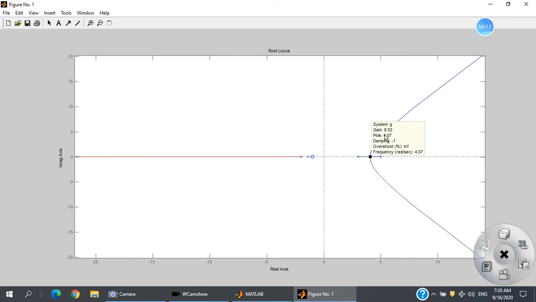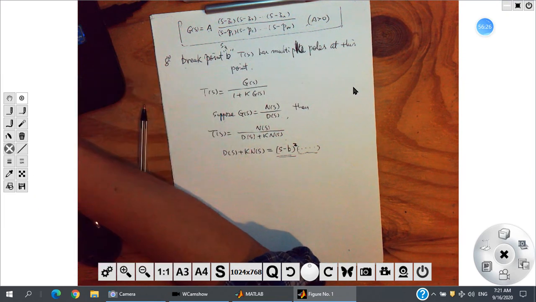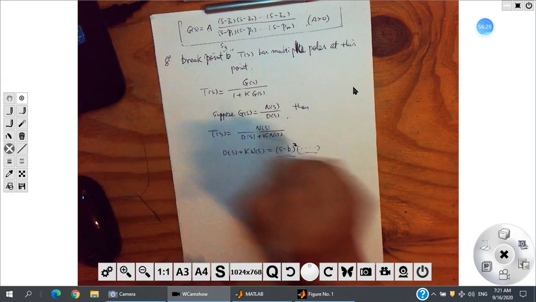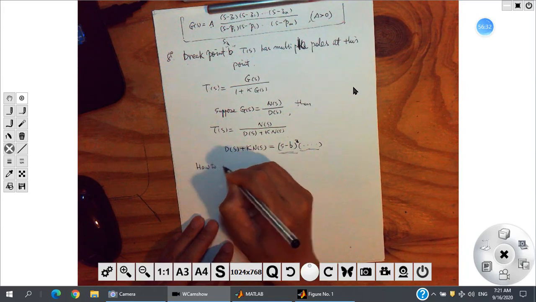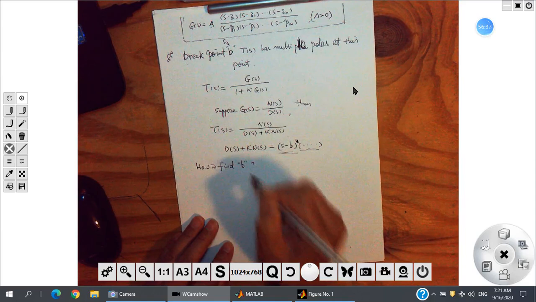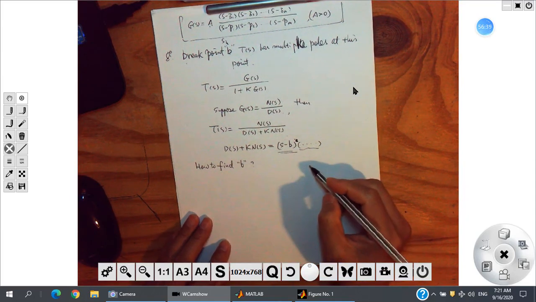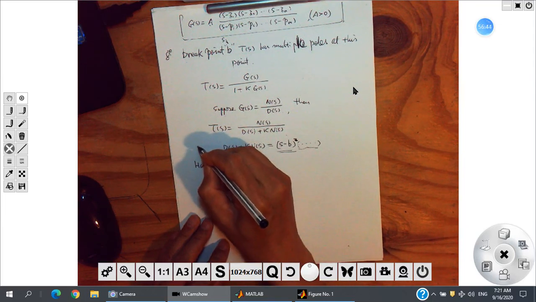But if you want to know the exact value, you need to solve it mathematically. How do we find this B? We consider the characteristic polynomial, CH(s).